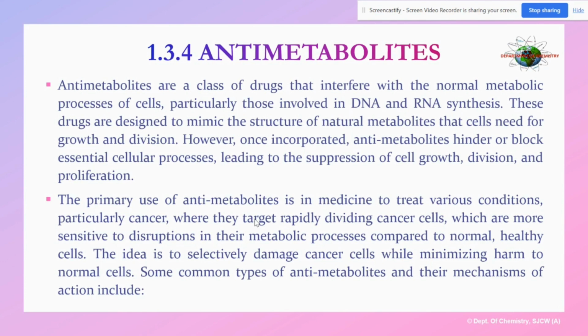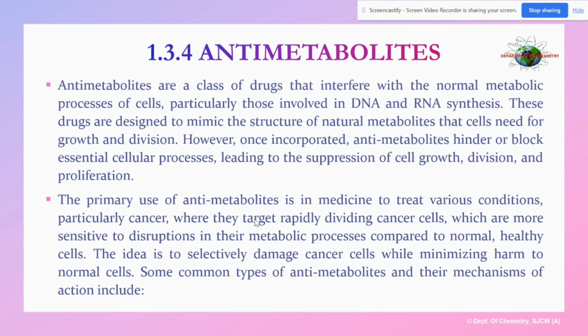The idea is to selectively damage cancer cells while minimizing harm to normal cells. So, normal cells are less affected by antimetabolite disruption as compared to cancer cells. So, selectively, for causing more damage to cancerous cells, antimetabolite drugs are used.